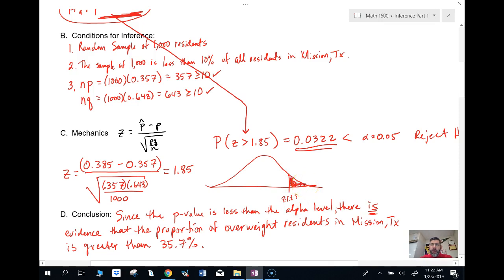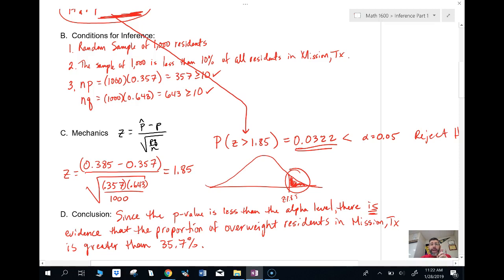What does that mean? We're finding the probability that a sample compared to our null hypothesis would happen just by random sampling.